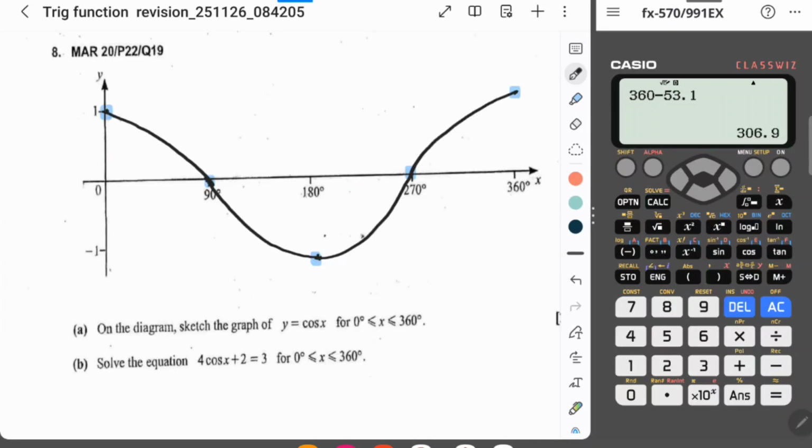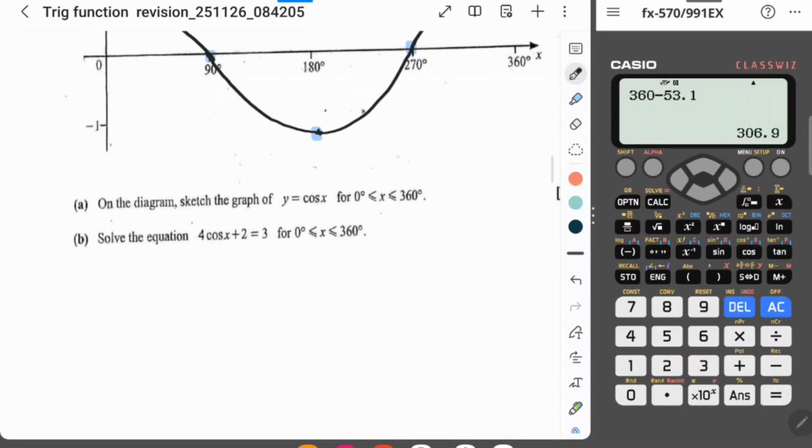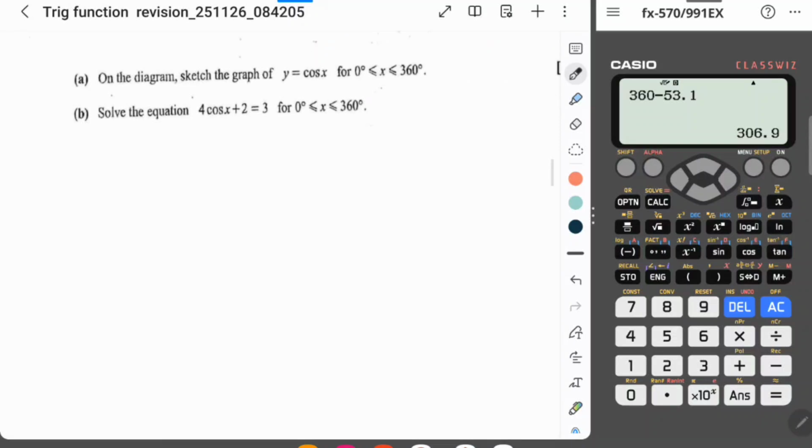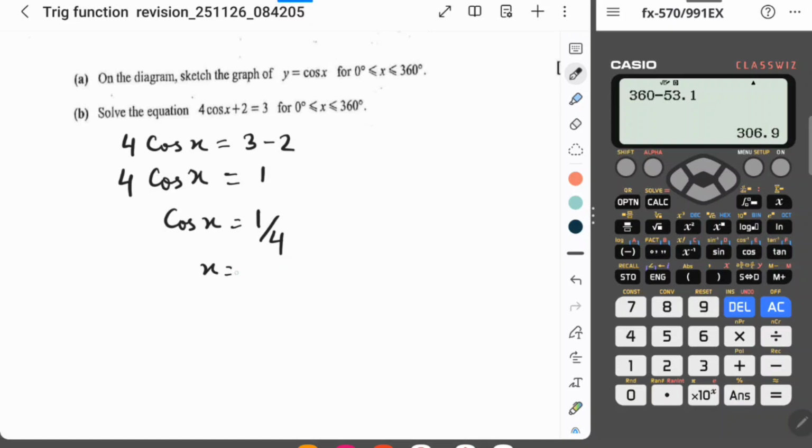So this is March 2020 paper 2 question 19 part B. Solve the equation 4 cos x plus 2 equals 3. So that is 4 cos x equals 3 minus 2, which is 1. Cos x equals 1 over 4. x equals cos inverse 1 upon 4, and it's positive.